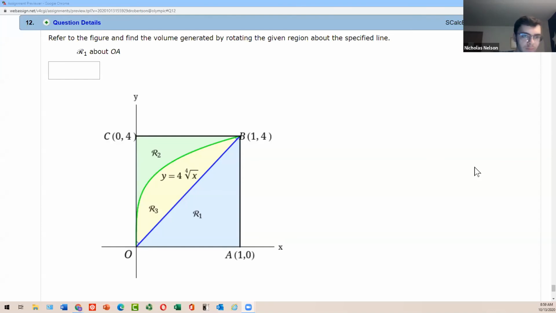So I'm looking at that picture and I'm trying to find how to do R1. Refer to the figure and find the volume generated by rotating the given region about the specified line. So the region they're talking about, at least in this version, is that little triangle that's blue on the bottom, and it's being rotated about OA, but isn't that just another way of saying the x-axis?